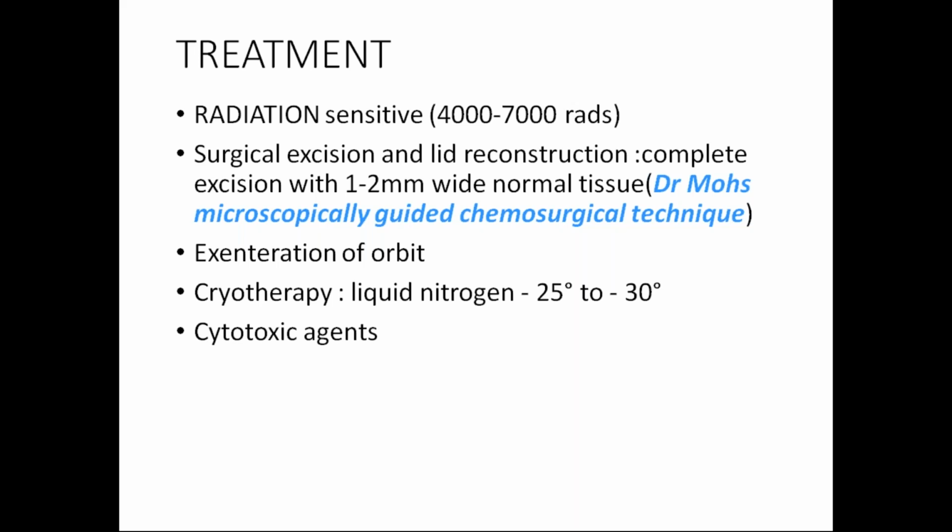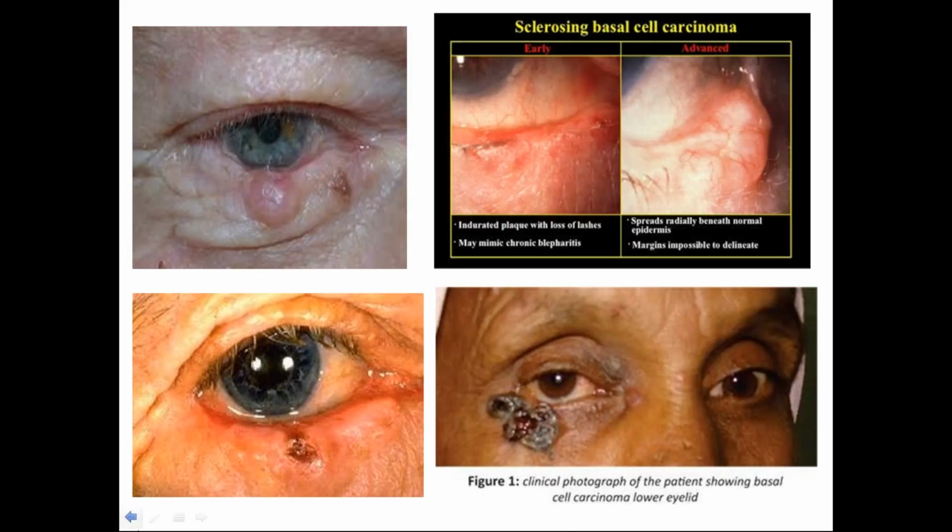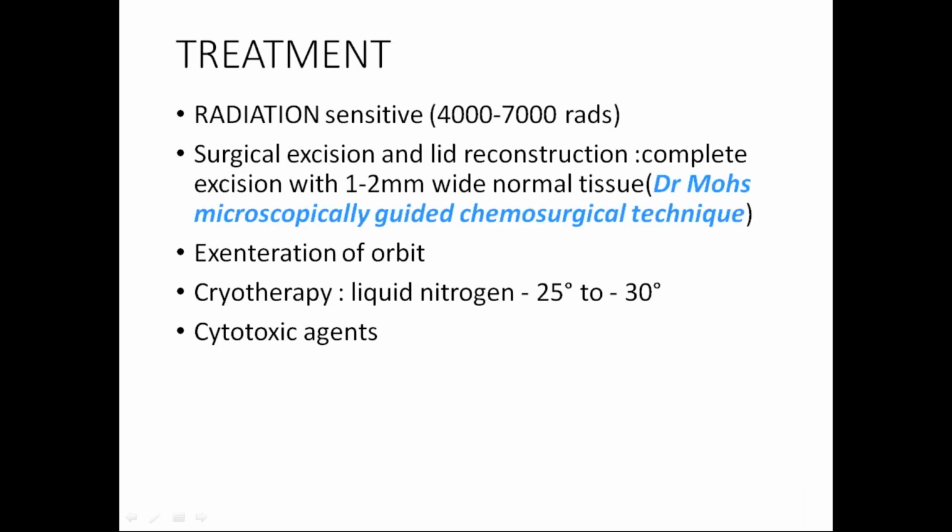The next preferred treatment is surgical excision and lid reconstruction, and usually excision should be 1 to 2 millimeters wider away from the site of the lesion. Suppose this is the lesion, you do the excision, you should go beyond 1 to 2 millimeters away, and you have to excise this much part of the lid. If you just excise this much area, the peripheral cancerous cells still continue to spread. So this is a surgical treatment.